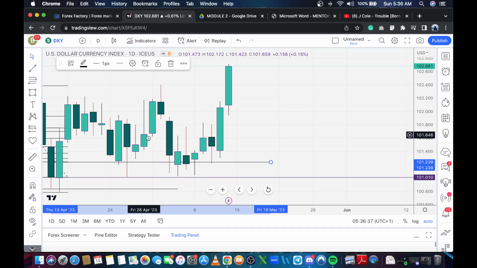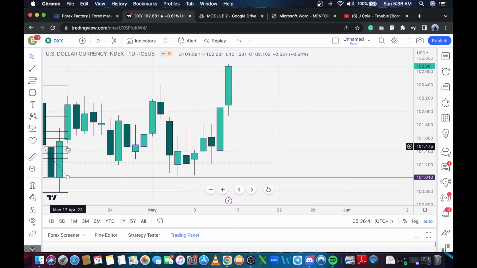And this is one of those times where you can know when this is still valid, because a lot of traders will look at this and say, well, price is not supposed to trade through the mean threshold of a bullish order block, so this trades below and this trades below, so dollar obviously now is bearish because it's traded through the bullish order block, and now the bullish order block has been invalidated.